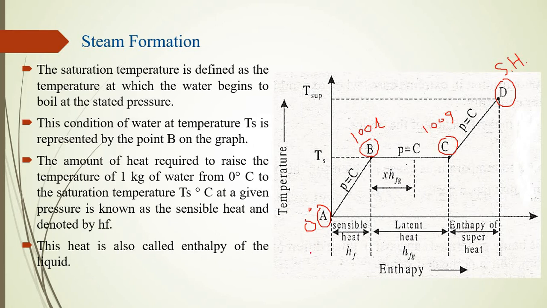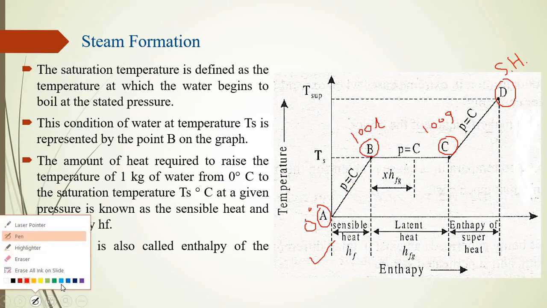If you take heat from any source and the temperature goes up, that's called sensible heat. Water at 0 degrees centigrade takes heat from another source and its temperature rises, that's called sensible heat, and it maintains P equal to constant, constant pressure.